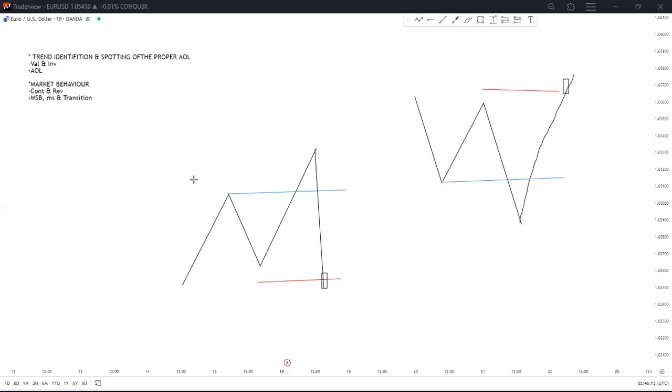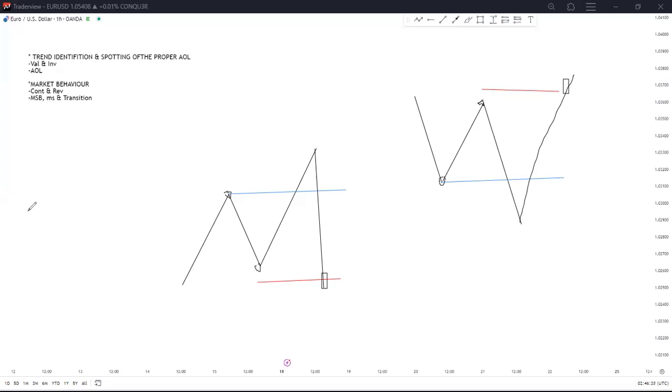On the uptrend, we always expect the market to break the higher highs and respect the lows. But on the downtrend, we expect the market to break the lows and respect the highs. So every factor was extracted from there.